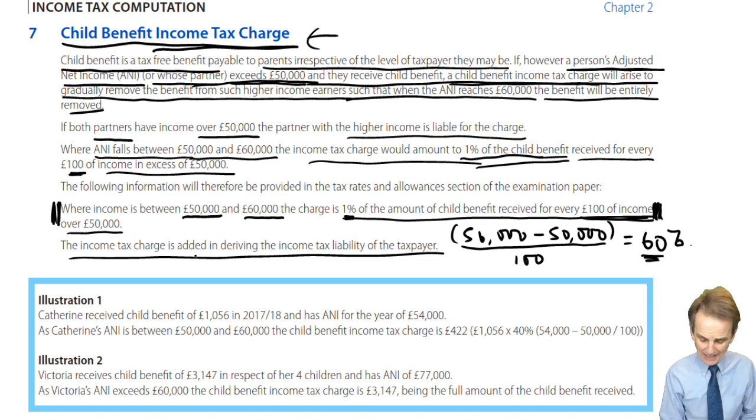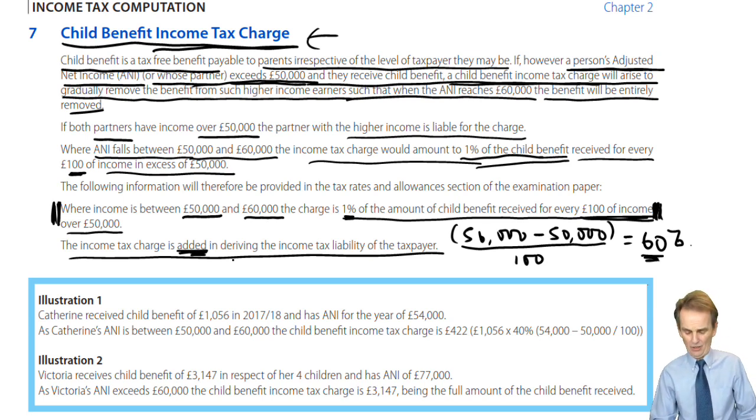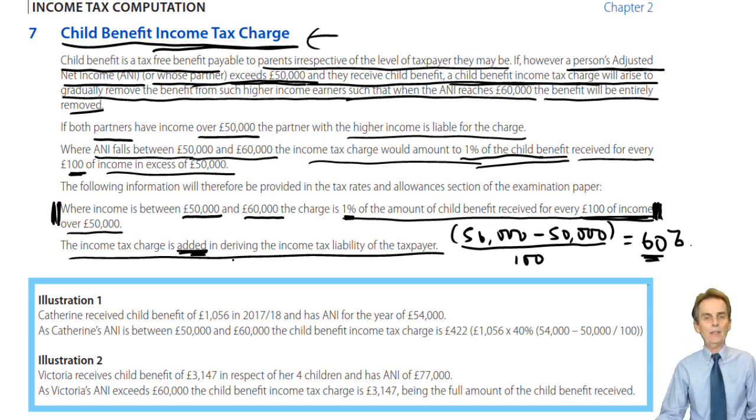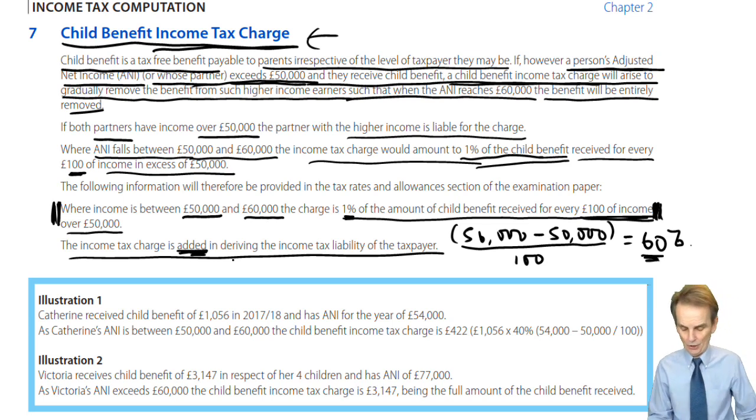Notice here, this is added. Not a deduction that we've seen before, but an addition in deriving the income tax liability of the taxpayer. Now, a couple of things here about the calculations that you do. There I gave you exactly 56,000. Now, it's for every £100.